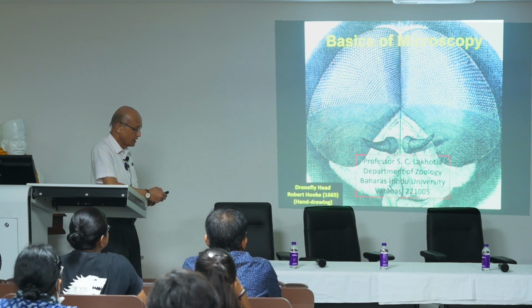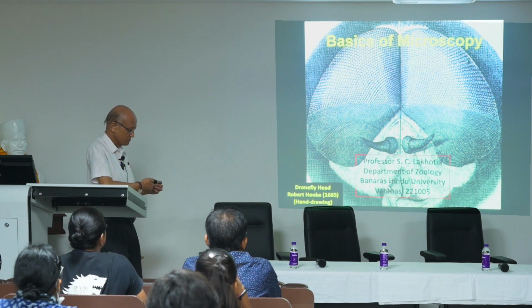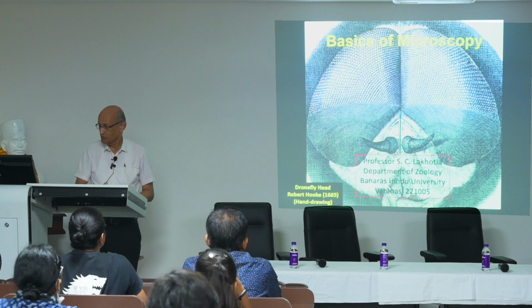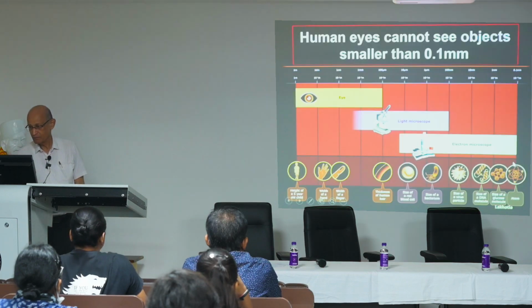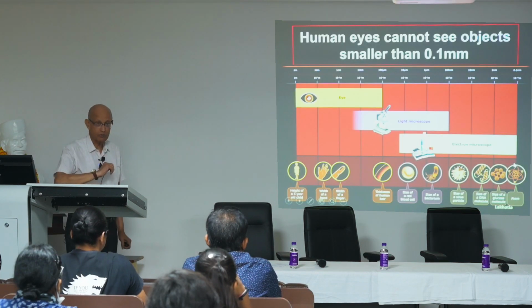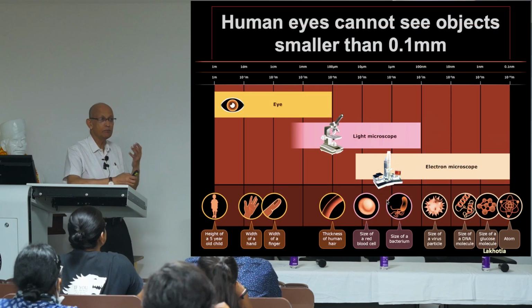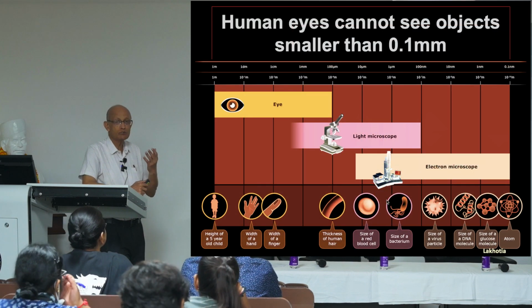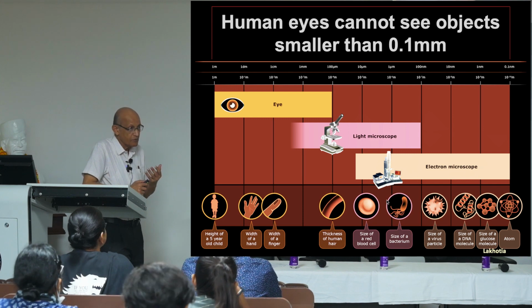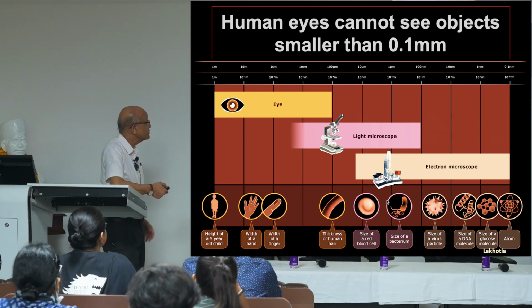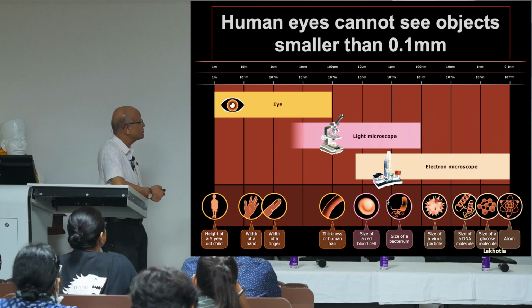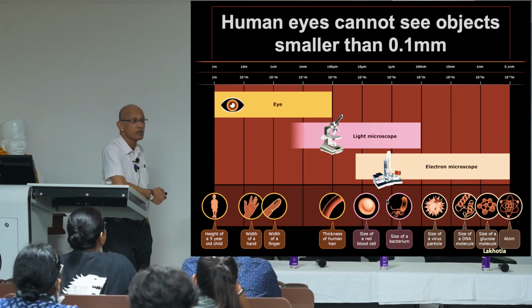Now, why do we need a microscope? What we see with eyes has a limitation in how small an object we can see. Our eyes can see only about 0.1 millimeter, not more than that. That's the smallest dimension that we can see.